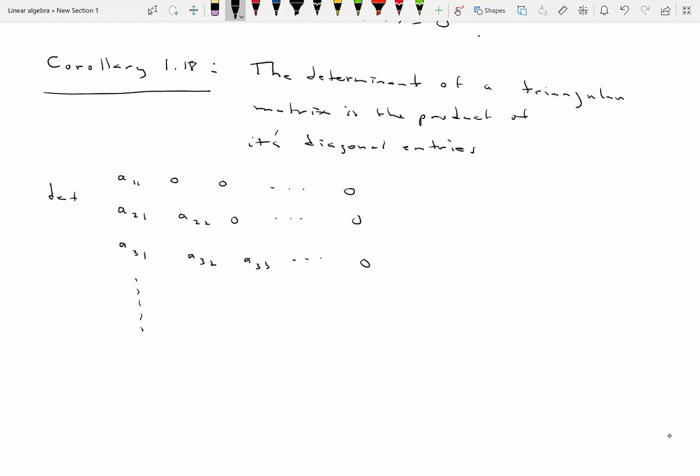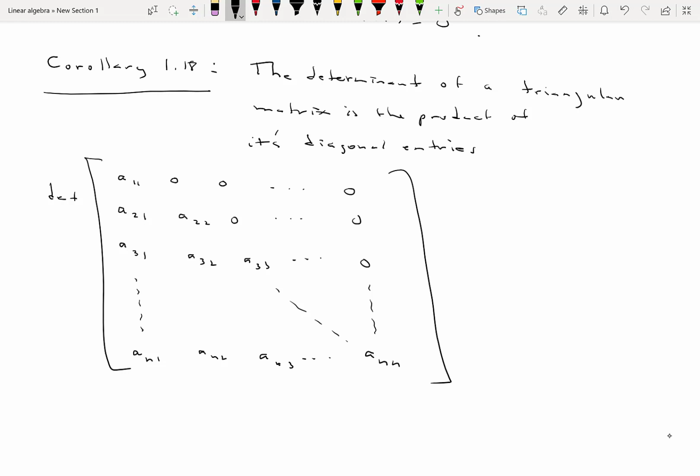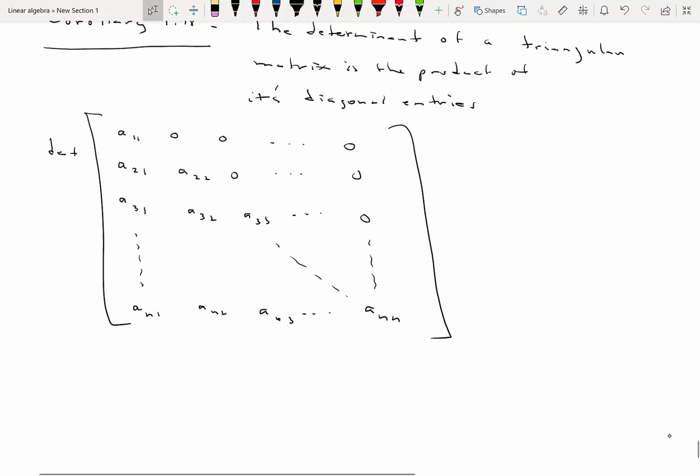Suppose we have an n by n matrix, the last row would be An1, An2, An3, ... Ann, which is non-zero potentially. So we're looking at the most general n by n lower triangular matrix.